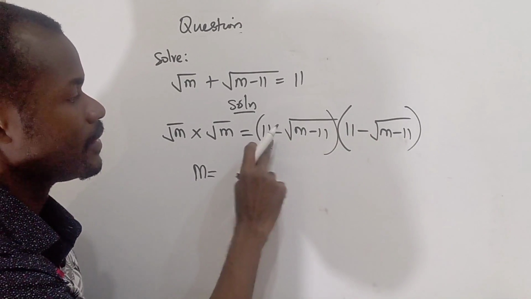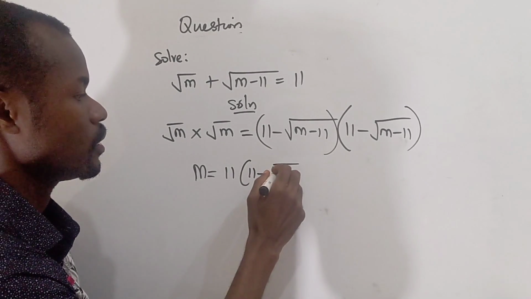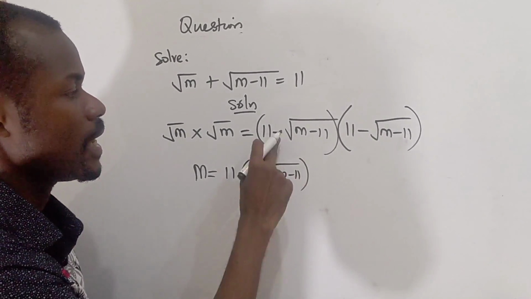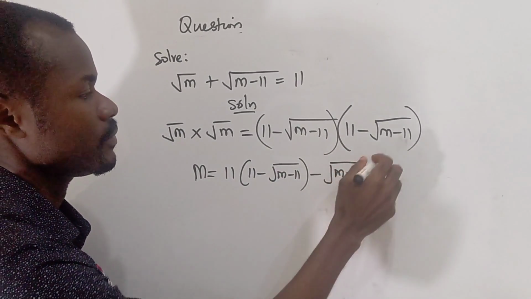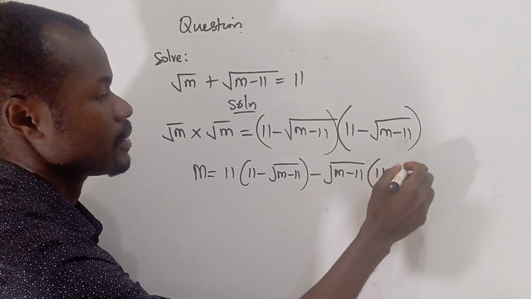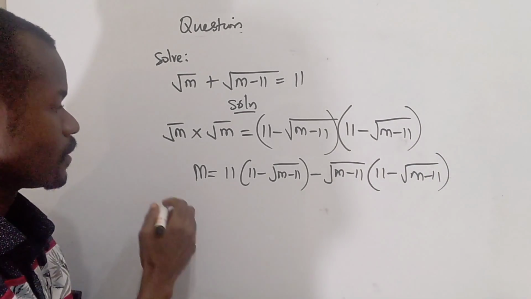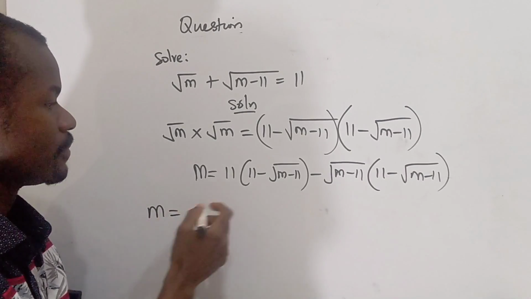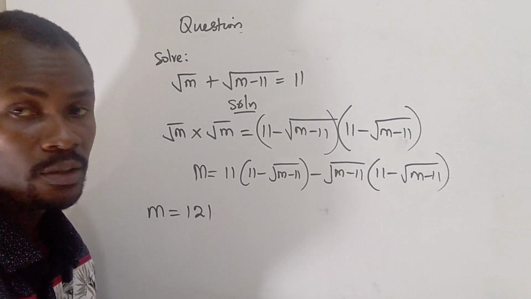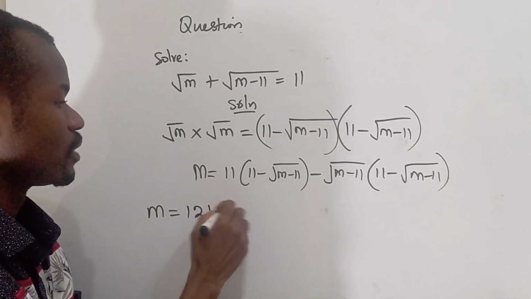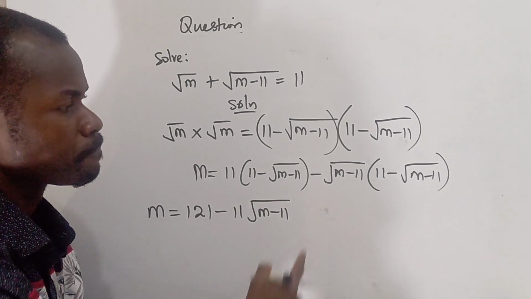Now for this, I have 11. We multiply 11 by 11 minus square root m minus 11, and minus square root m minus 11 we multiply by 11 minus square root m minus 11. Let's see what this gives us. We have our m here. 11 times 11 is 121. 11 times minus this gives us minus 11 square root m minus 11.